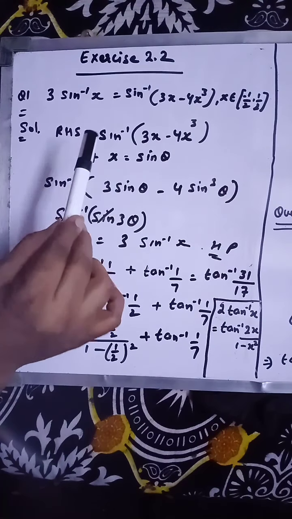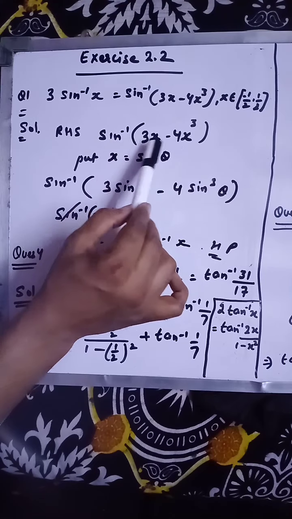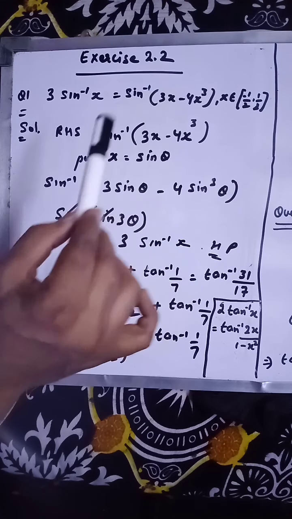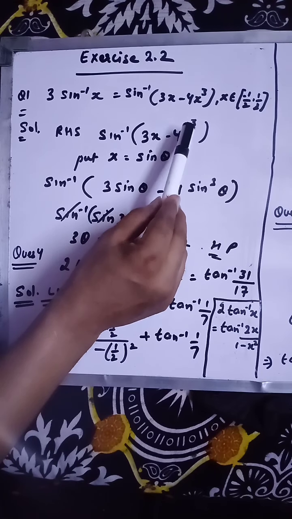So what I'm doing, I'm taking the right hand side first of all. This is our right hand side. I can see 3x minus 4x cube.